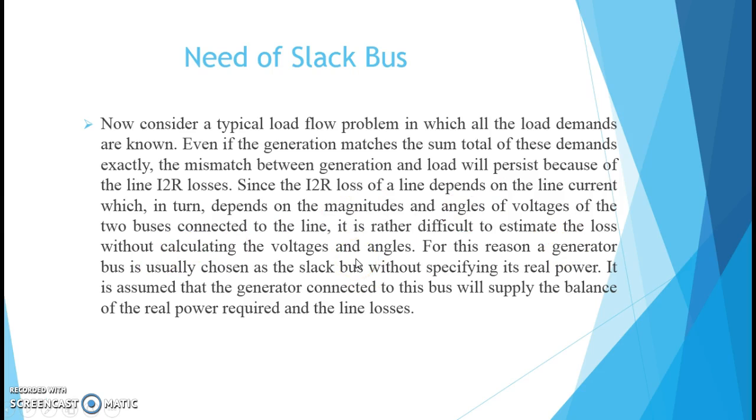For this reason, a generator bus is usually chosen as the slack bus without specifying its real power. For the slack bus, we have to calculate the real power value. We always take the generator with high capacity as the slack bus, and it is assumed that the connected generator will supply the balance of the real power required, that is, the additional power for the line losses. This is the basic need of the slack bus in power flow study or in a general power system.